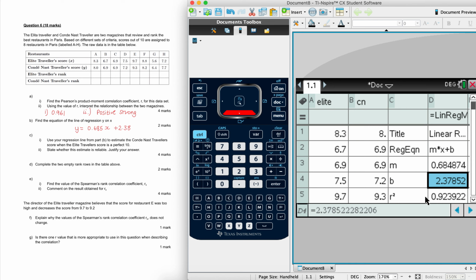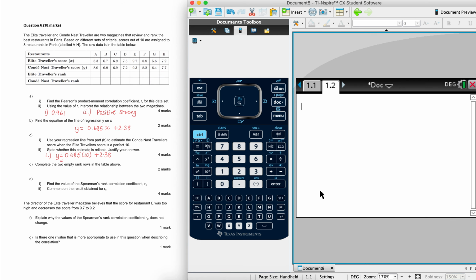Then I need to use the regression line to estimate the score when x is equal to 10. So it's when the Elite Traveller is 10. So I'm just going to substitute that into my formula. And you should show your working here. So when I substitute in 10, and then I can use my calculator to find the answer there.